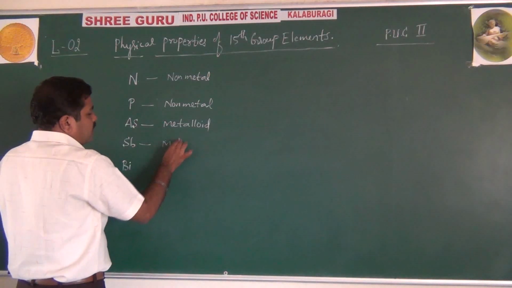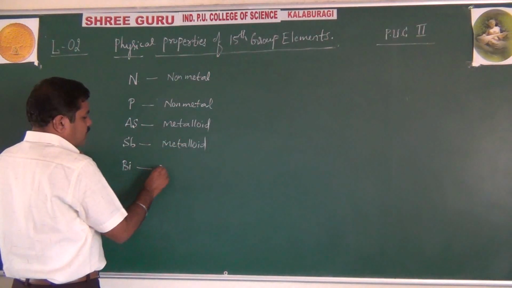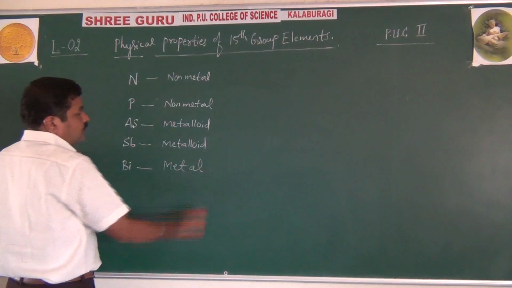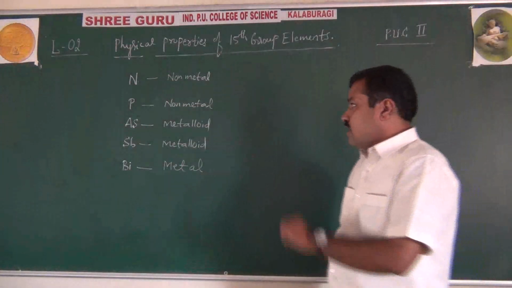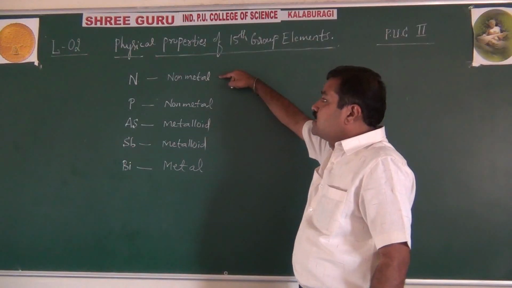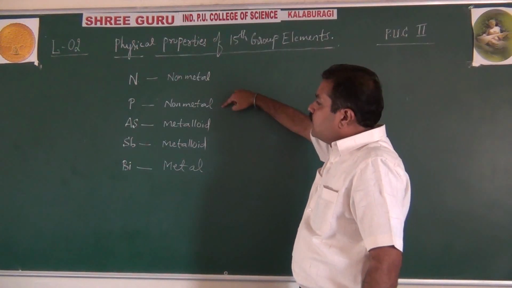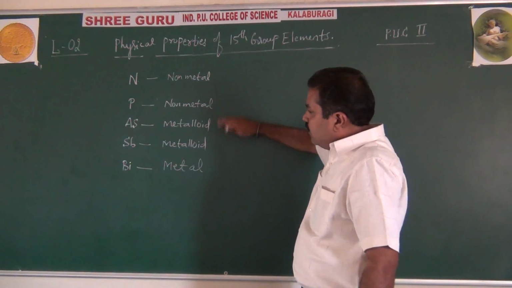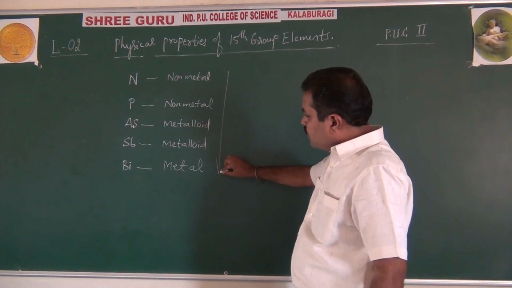Antimony is also a metalloid. Bismuth is predominantly a metal. That's why electronegativity, you know that non-metals are more electronegative, and also smaller in size. The most electronegative is nitrogen. Next phosphorus, then the metalloids, which show characters of both metals and non-metals, therefore electronegativity decreases down the group.